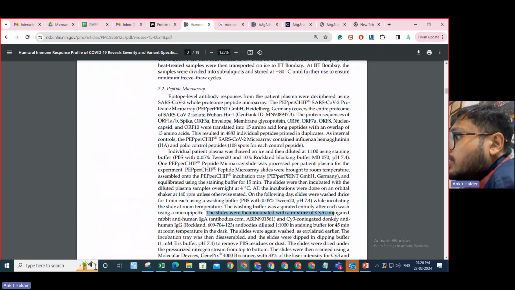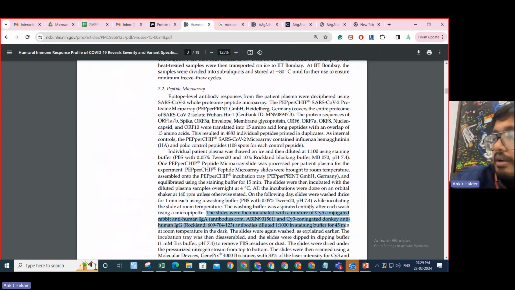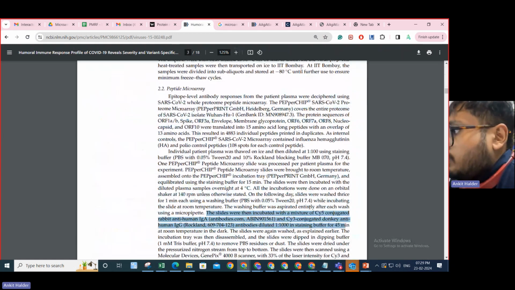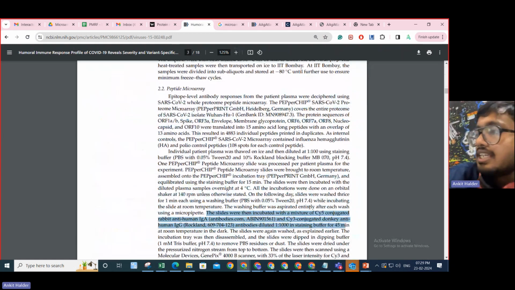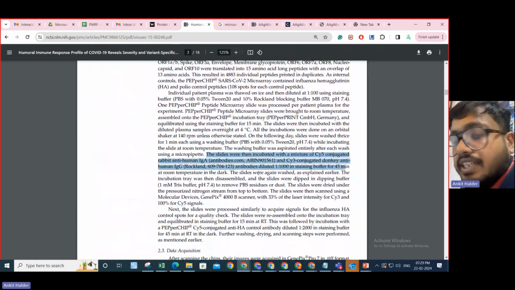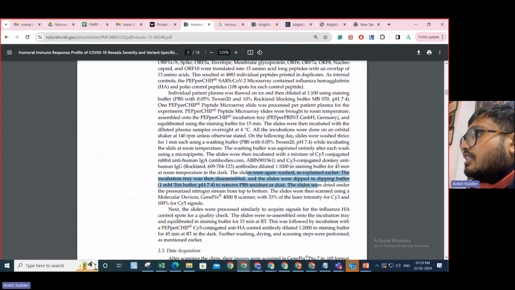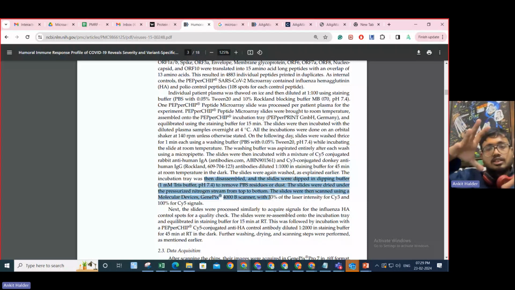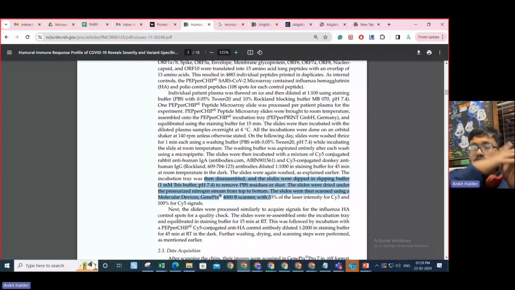The slides were then incubated with a mixture of Cy5 conjugated rabbit anti-human IgA and Cy3 conjugated donkey anti-human IgG, in the following dilution, and then washed again. The incubation tray was then assembled and disassembled. You have seen how the tray is assembled and the screws are tightened.